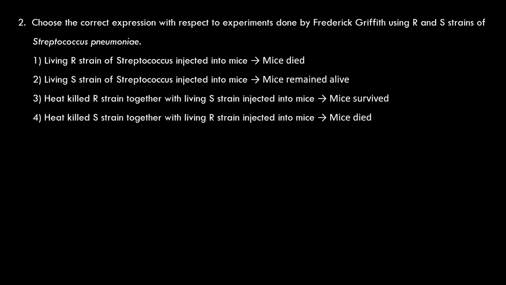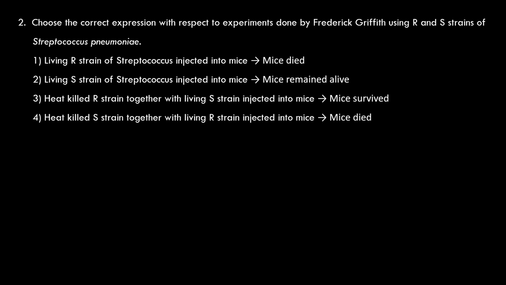Heat killed R strain together with living S strain injected into mice, mice survived. How could they survive? This S strain was not heat killed, only the R strain was. The S strain is virulent, so naturally they cannot survive. So this is also incorrect. They must be killed.